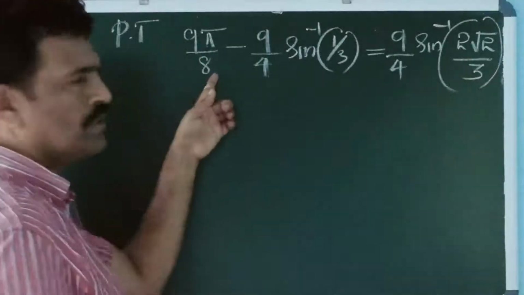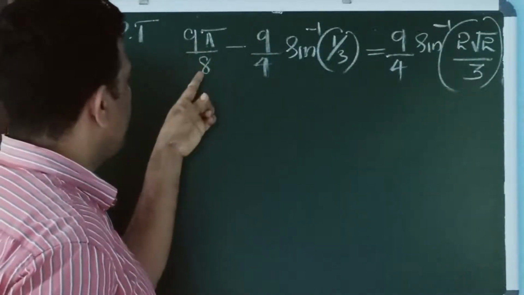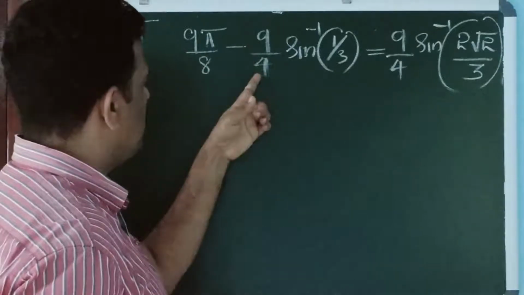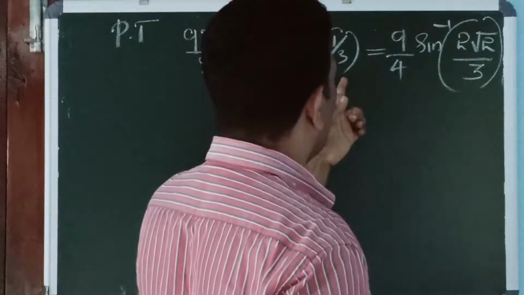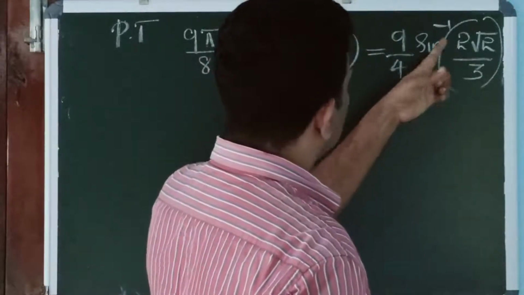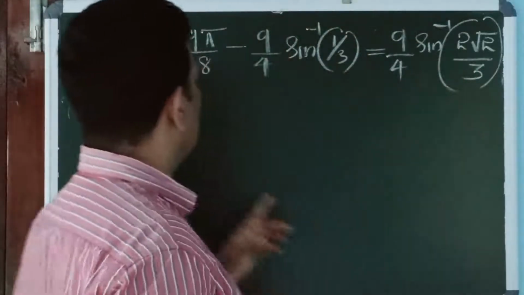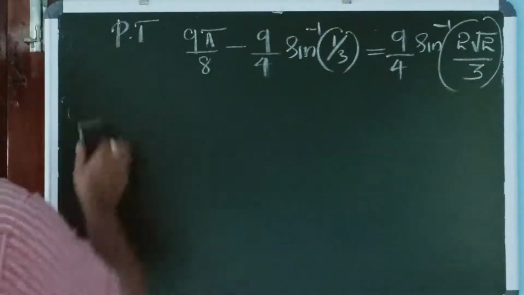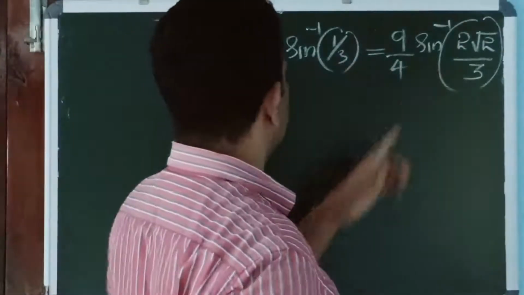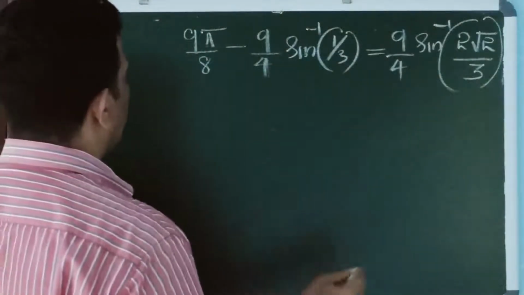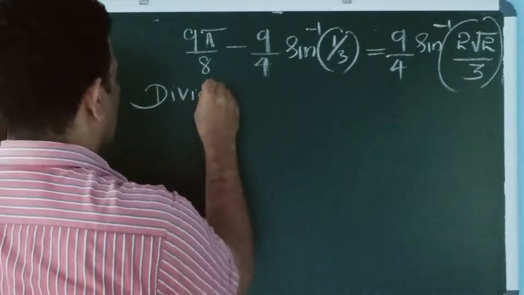Here is another question. We have to show that 9 pi by 8 minus 9 by 4 sin inverse 1 by 3 is equal to 9 by 4 sin inverse 2 root 2 divided by 3. First of all, we write the equation and divide throughout by 9 by 4.